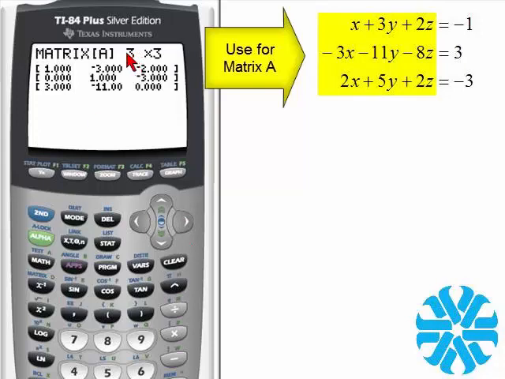Now the dimension's okay, 3 rows by 3 columns, because we're going to enter the coefficients of the variable terms here.